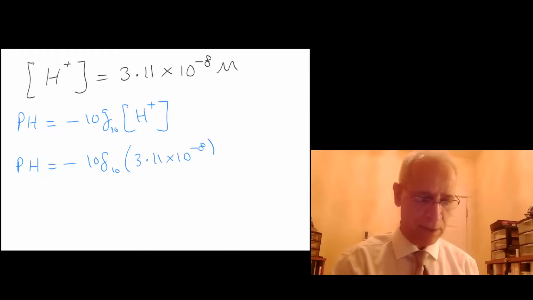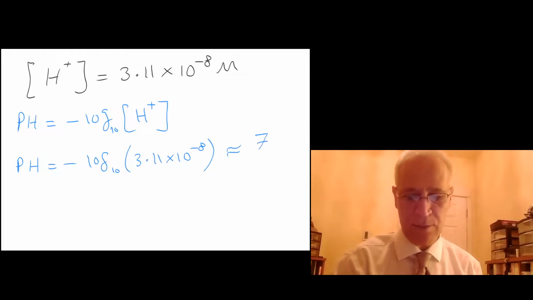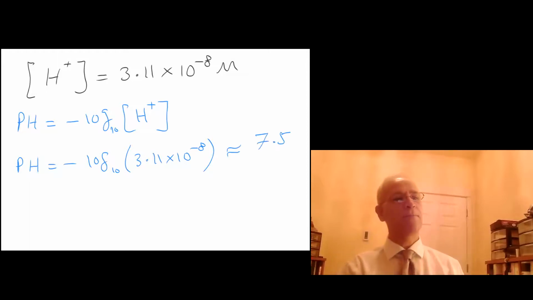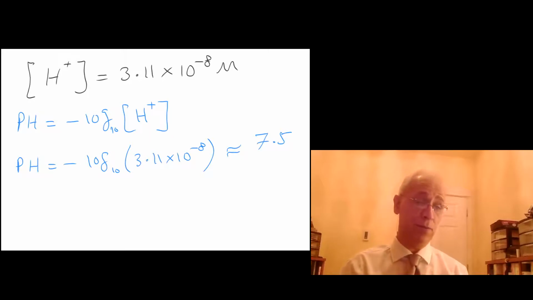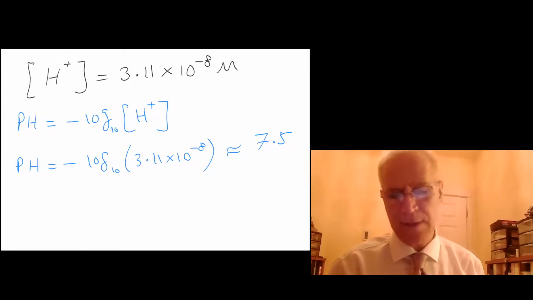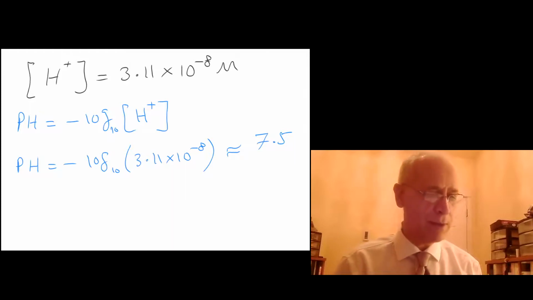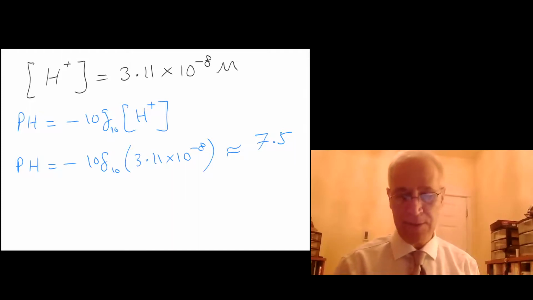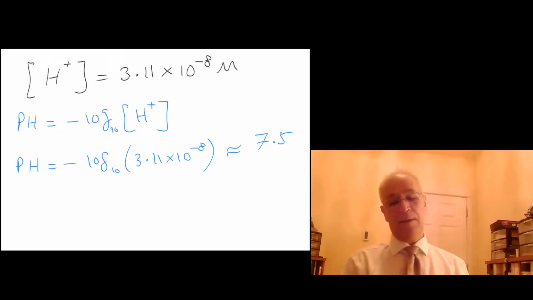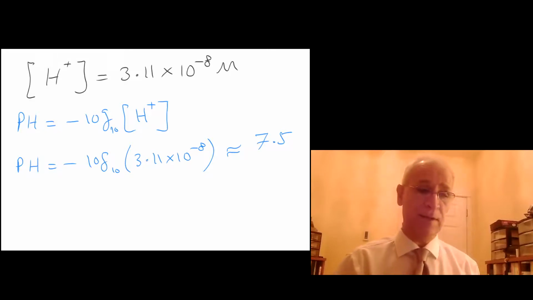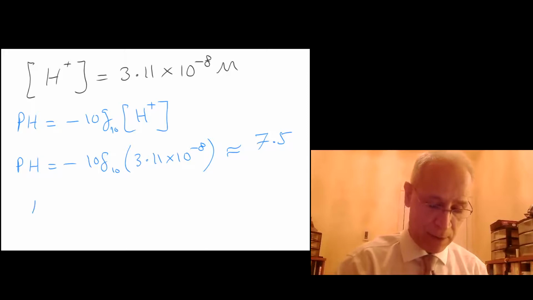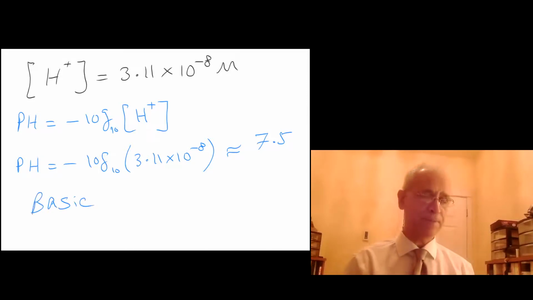And if you put that in your calculator, you get a number really close to 7.5. And that's a much nicer number to work with. So is this sample basic or is it acidic? Well, the pH is greater than 7, so this sample happens to be a basic sample.